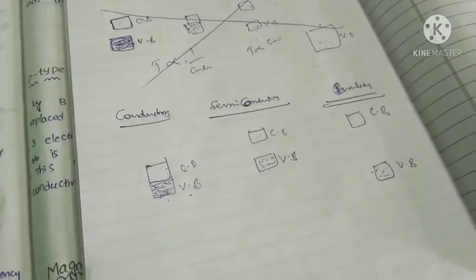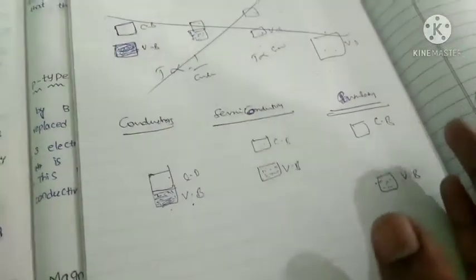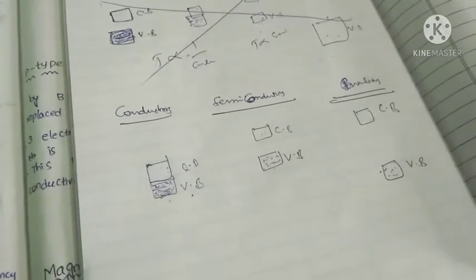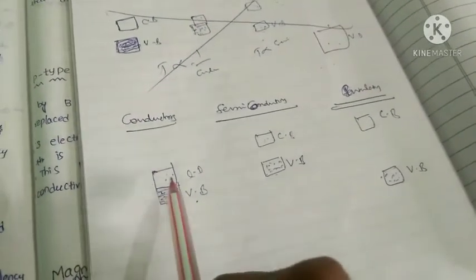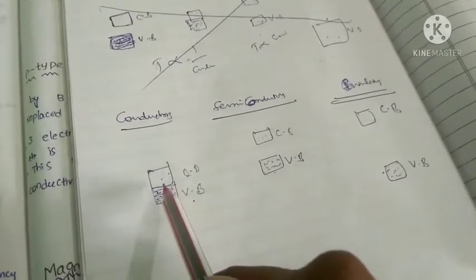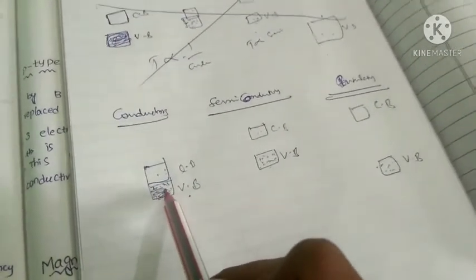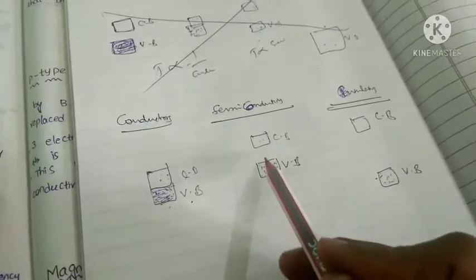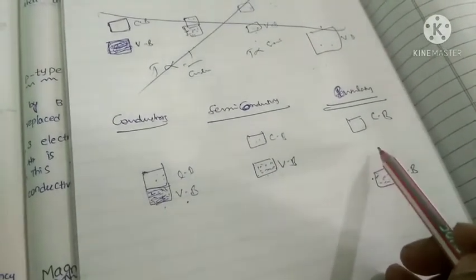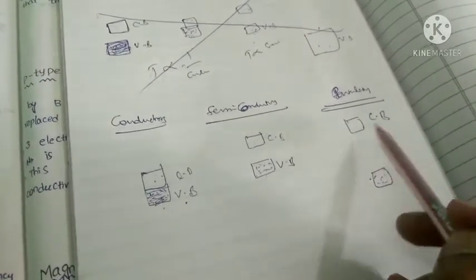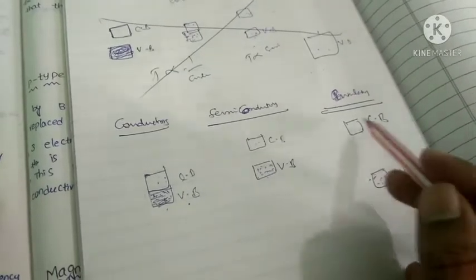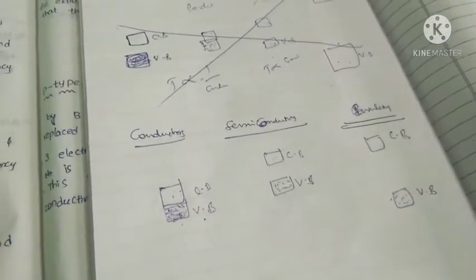So insulators do not exhibit conductivity and conductors exhibit more conductivity. What is the reason? In conductors, these two bands are overlapped with each other, or in other words, the gap is very less. But in semiconductors the gap is somewhat more, so the conductivity is very less. In insulators the gap is more, so there is no chance of conductivity.